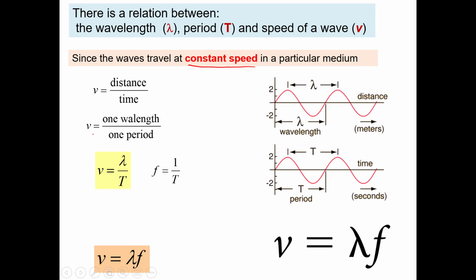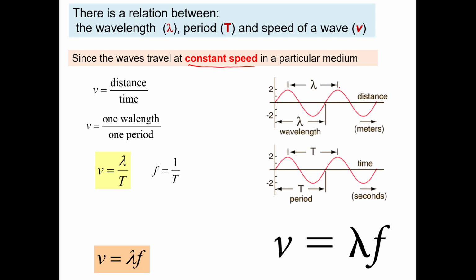Now, if we want to describe a wave, then we can take a special distance. We know the velocity is always the same, it's constant. Let's take the special distance. In this case, the special distance is one wavelength. Yes, it's this one. And we know what is the time for this, for one wavelength. Yes, this corresponds to one period.